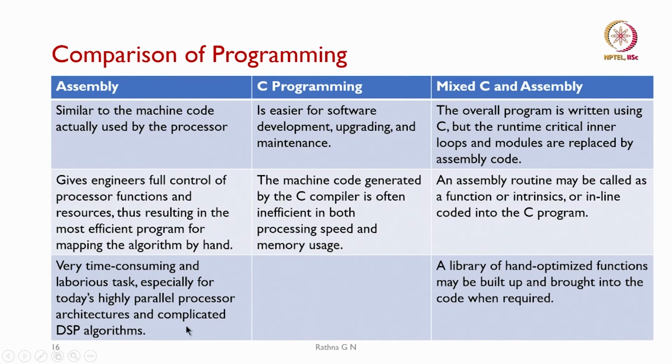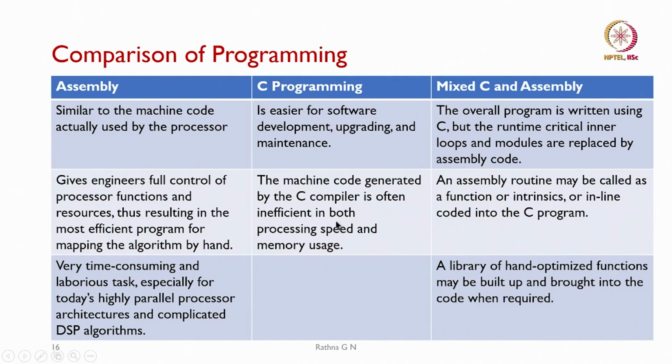So, it is better to go, we will come to the mixed C and assembly in a while. What is the advantage of C programming? We know that software development, upgrading and maintenance is easy, and machine code is generated by the C compiler in this case. Often what happens is it is inefficient in both processing speed as well as memory usage, which will be much more.